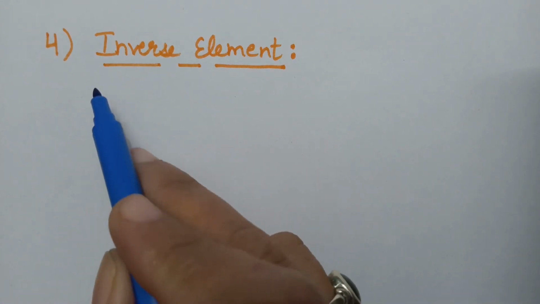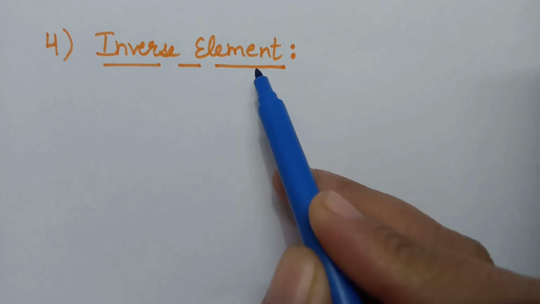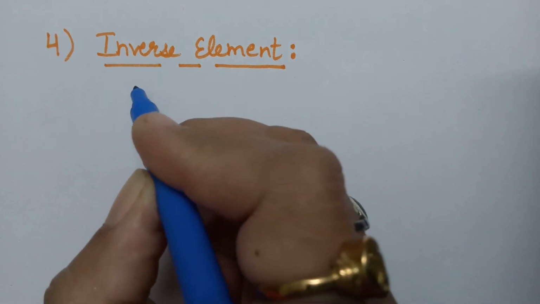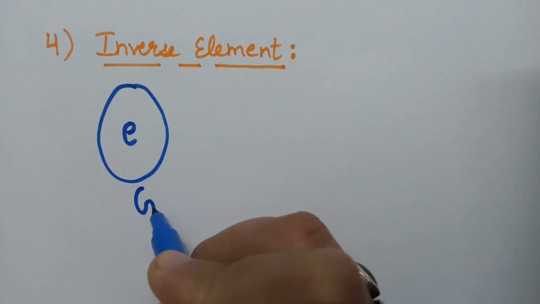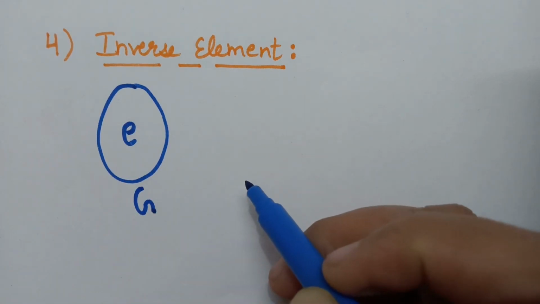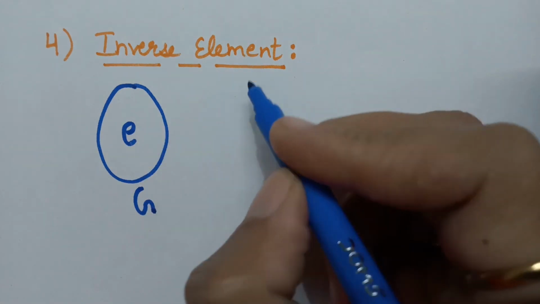Fourth is inverse element. We will always talk about inverse element only when the set G has identity with respect to the given binary operation star. So let E be the identity of this set with respect to star.